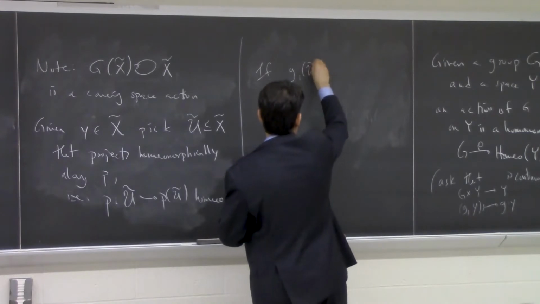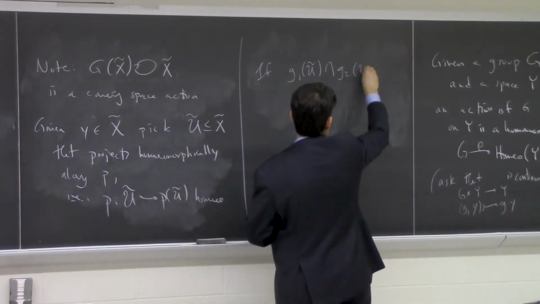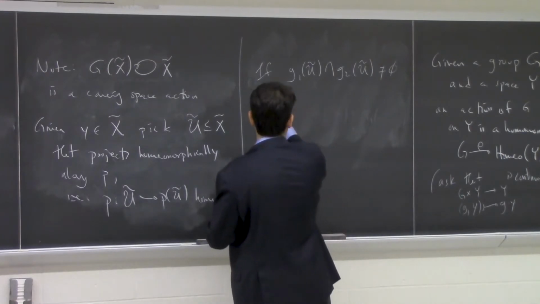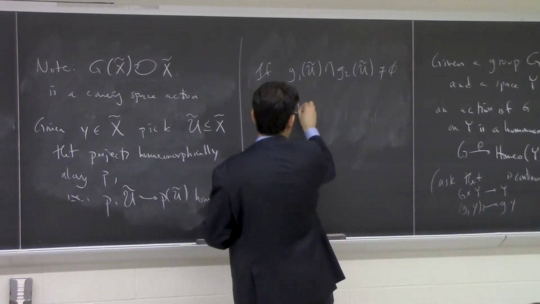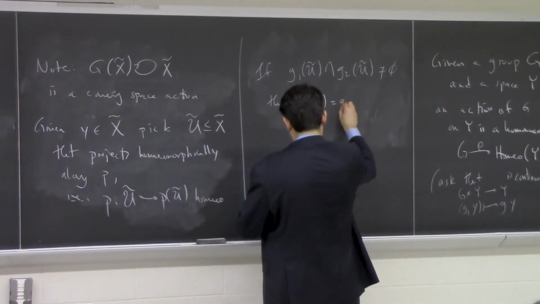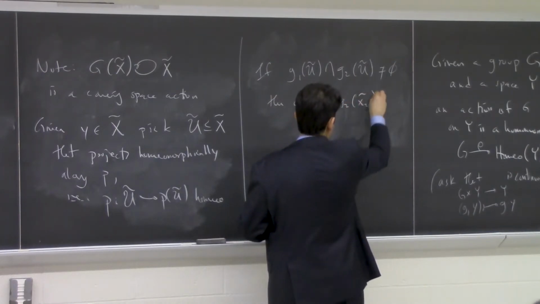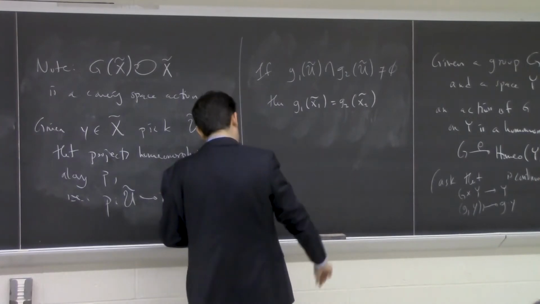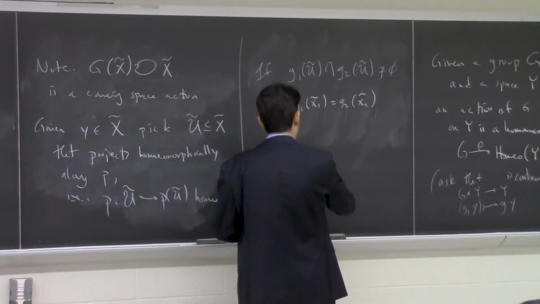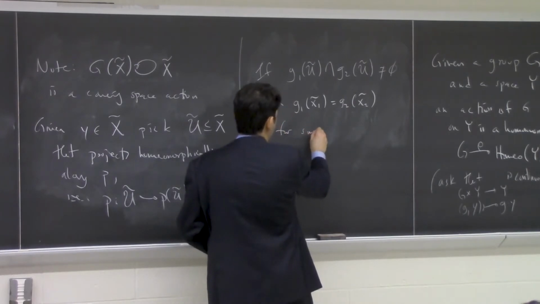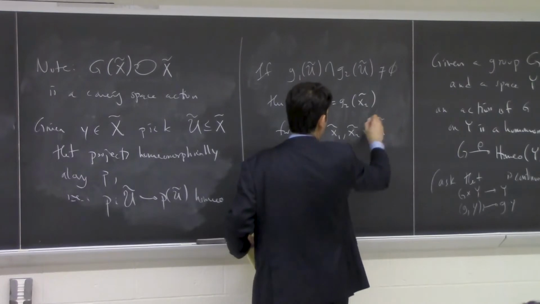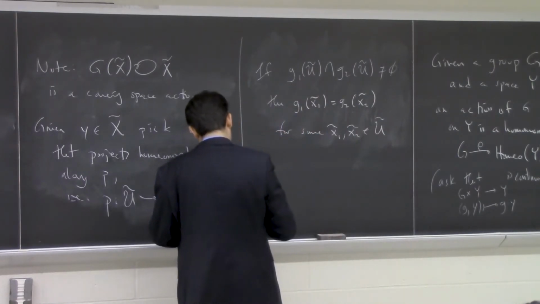Then if you have a non-empty intersection, you must have points in u tilde that have the same image under these.